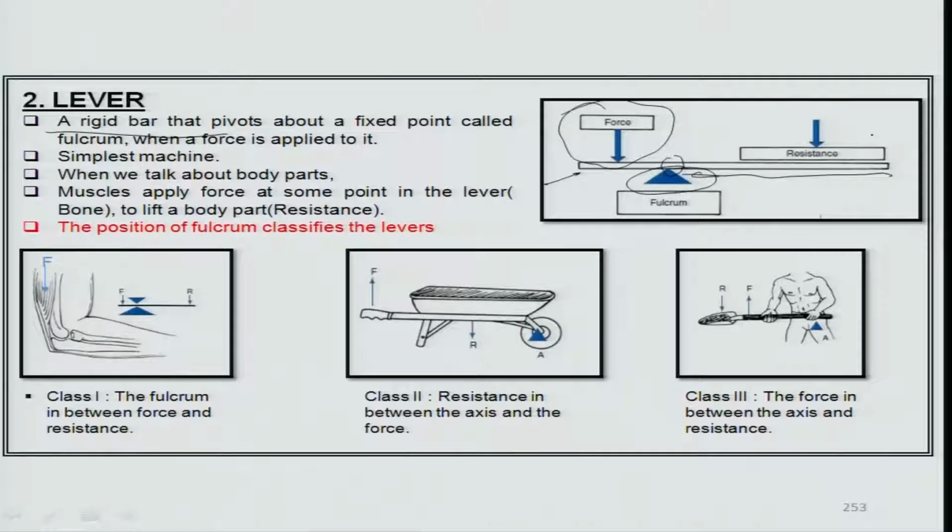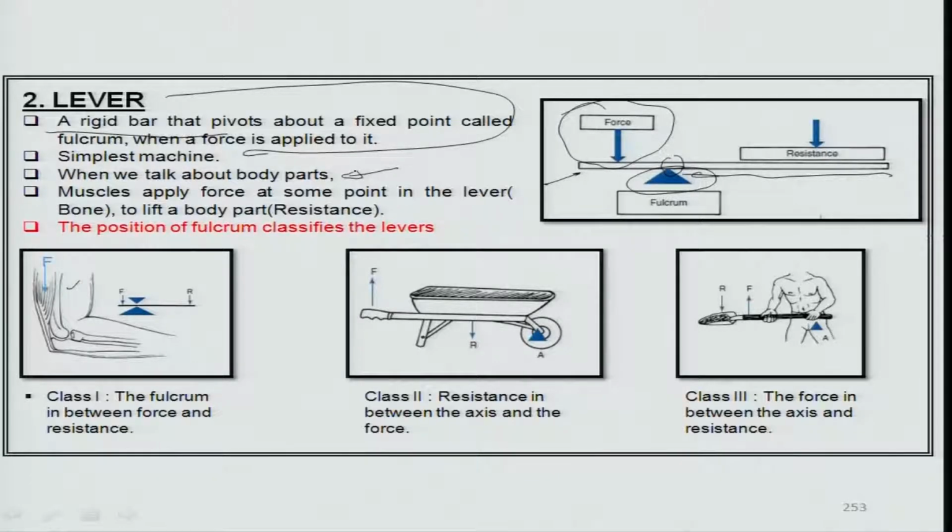So this is one of the simplest machines one can think of, and when we talk about body parts like the limbs or even the spinal region, they are all subjected to lifting off loads through what we know as the leverage action.